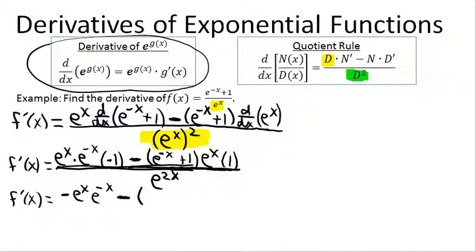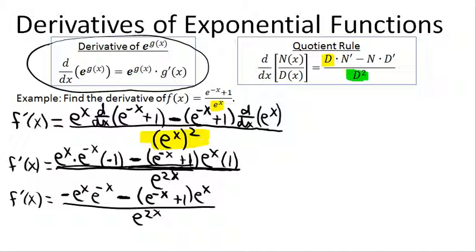So I end up with e to the minus x plus 1 times e to the x. And that entire thing now is divided by e to the 2x.